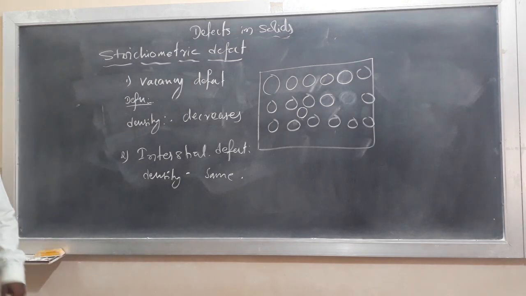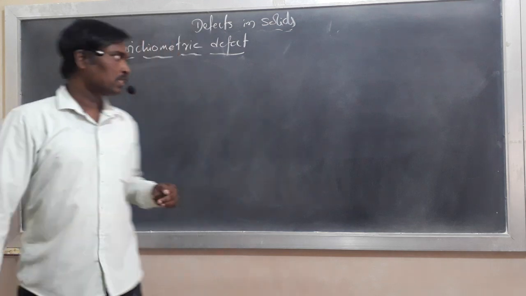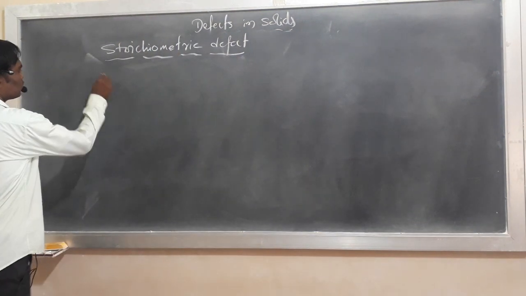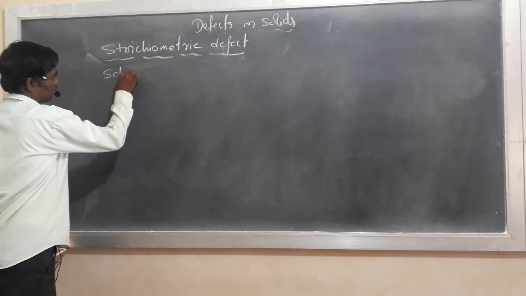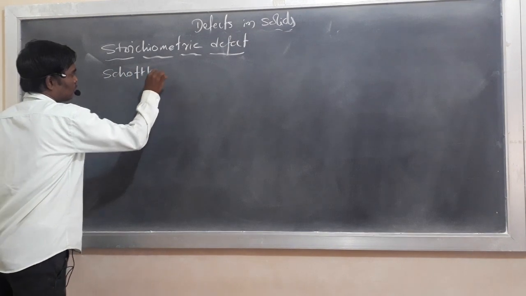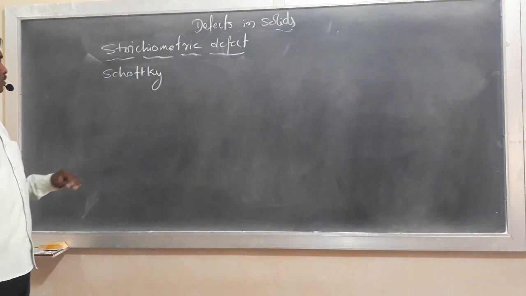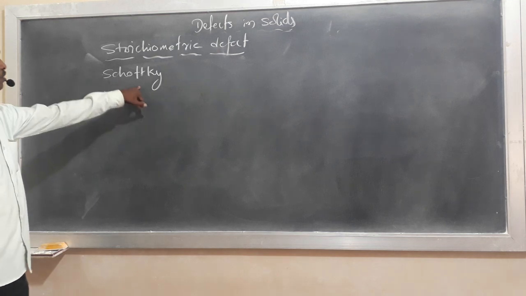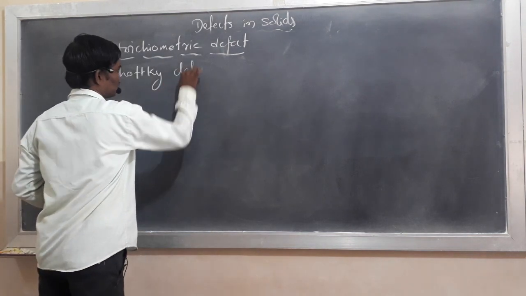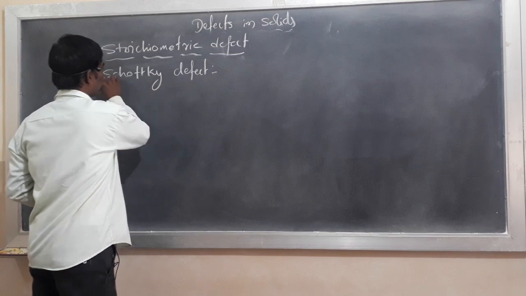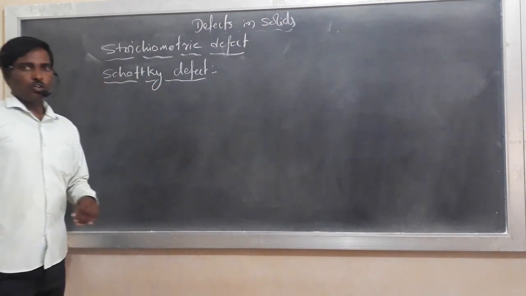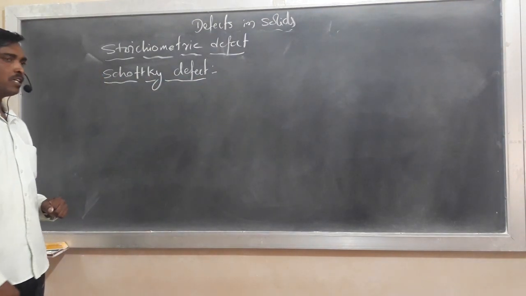So now let me go to the next concept. Next, students, another type of stoichiometric defect is the Schottky defect, and another one is the Frenkel defect.